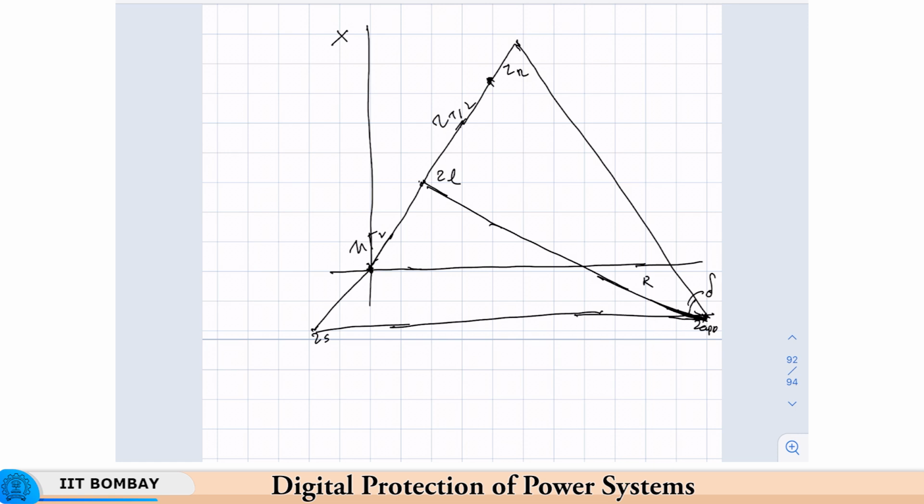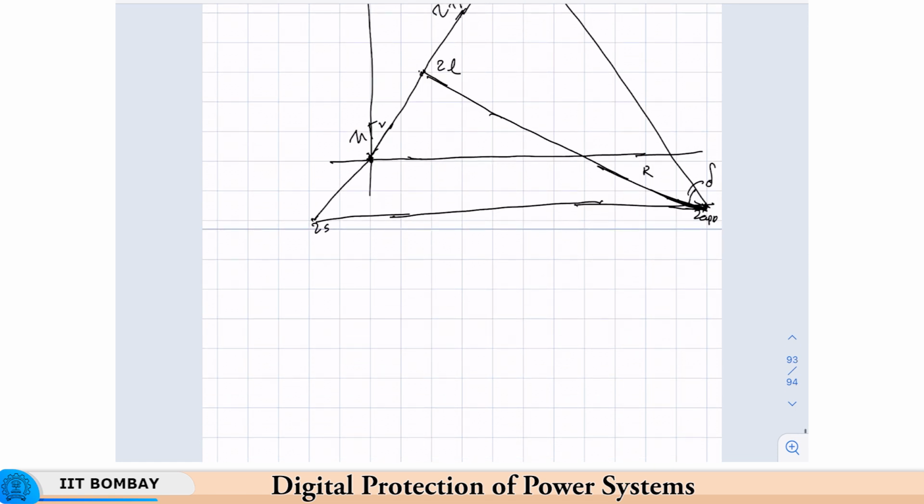If you remember the equal area criterion, the swing curve that we drew for a line, this was the initial operating point, delta naught. To maintain a common terminology, if this is delta naught, then this will also be delta naught, and then delta goes on increasing. Since this delta was small earlier and now it has increased, it is moving in this direction.